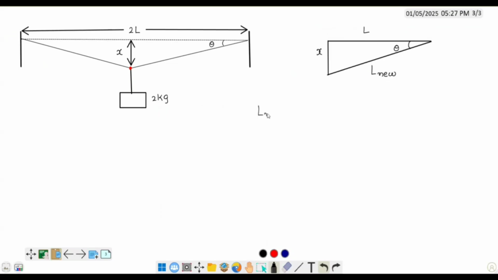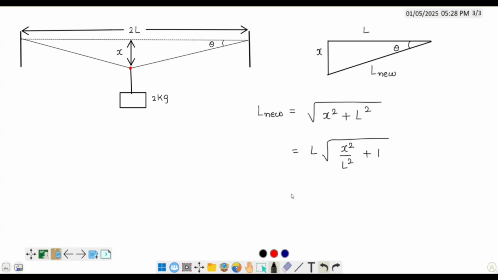So the new length would be equal to simply root of x square plus L square. If I take L outside, I'll get root of x square by L square plus 1.